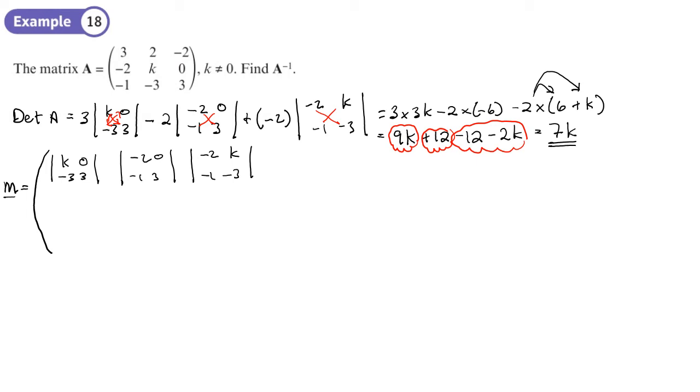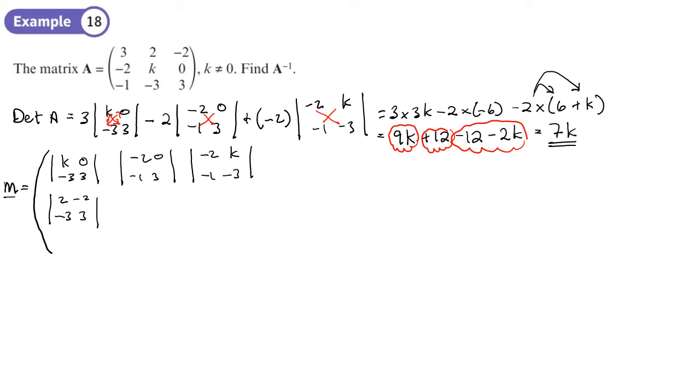Going down to the second row, so I want the minor of this. So that's going to be k, 0, negative 3, negative 3. Oh no, sorry, that's not right, is it? The elements I cross out are this one and this one. I thought that didn't look right. So that's going to be 2, negative 2, negative 3, 3.